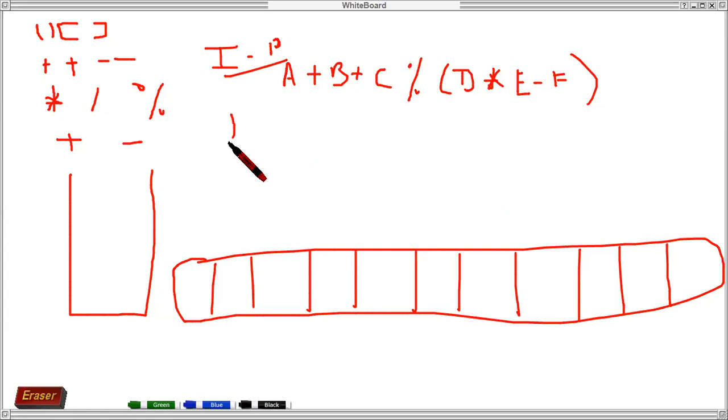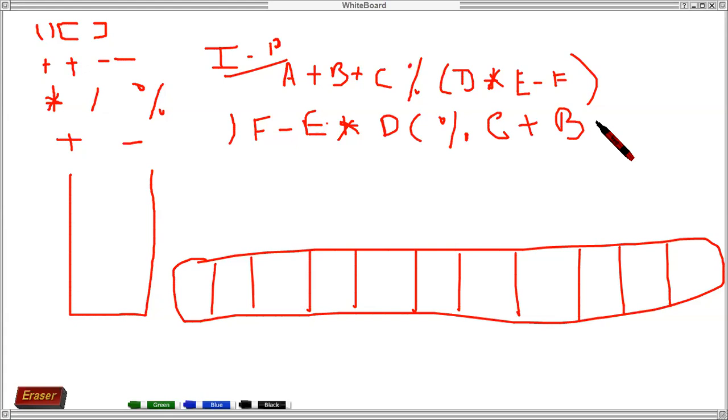We have a closing bracket, then F, then minus, then E, then multiplication, then D, then an opening bracket, then the modulus symbol, C, then plus, then B, then again plus, and finally A.